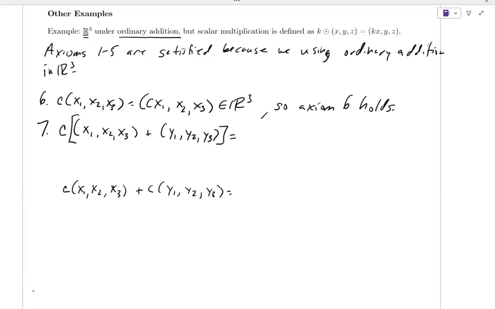Is this weird addition or just ordinary addition? Ordinary, so we're just going to add them together. So we would have c times (x1 plus y1, x2 plus y2, x3 plus y3).